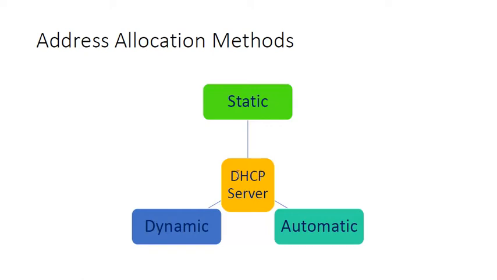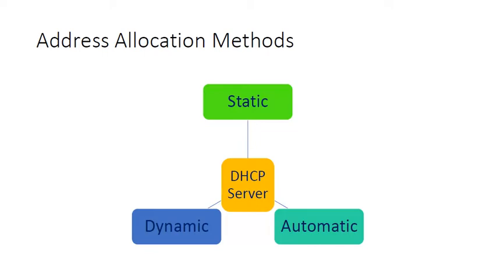This table consists of the MAC address of all the clients to which an IP address needs to be configured. The DHCP server uses this allocation table provided by the administrator, and thereby it provides the IP configurations to the respective clients.